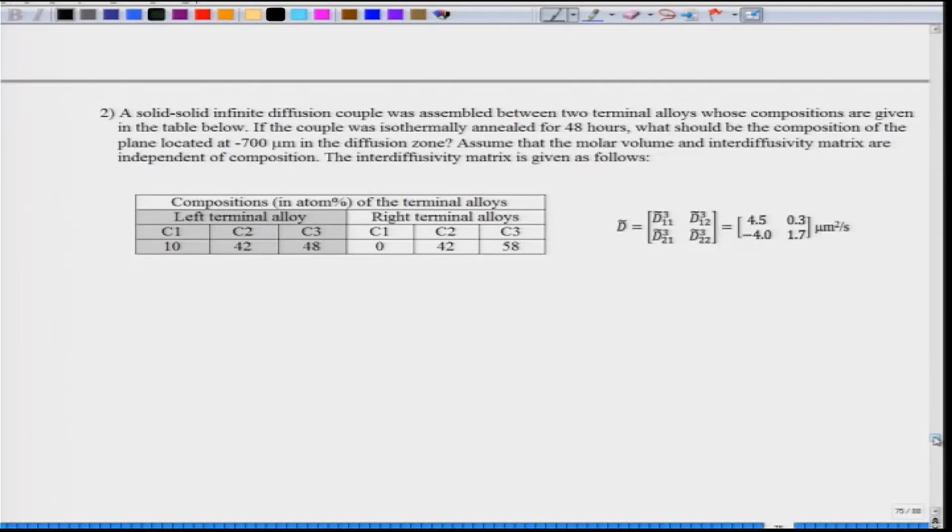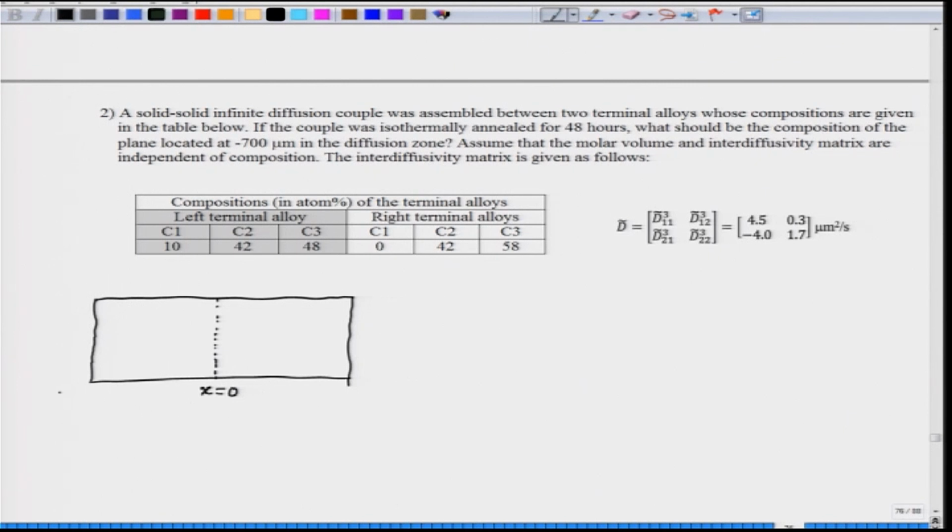Okay. So, the problem says a solid-solid infinite diffusion couple was assembled between two terminal alloys whose compositions are given in the table below, right. So, we have a diffusion couple. This is the initial interface between two terminal alloys, let us call it x equal to 0, and this is an infinite diffusion couple.